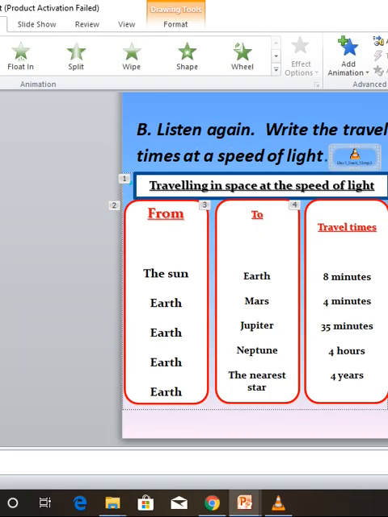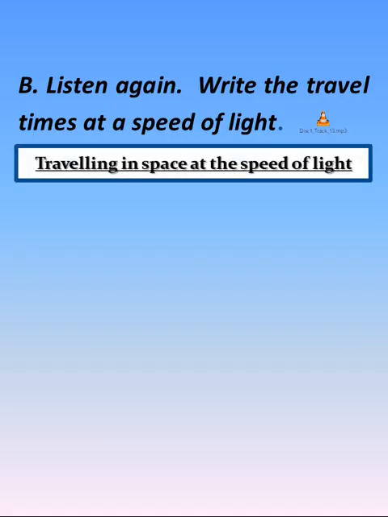Page 22. B. Listen again. Write the travel times at the speed of light. And now a report from our science editor, Sharni Kapoor. Just how fast is the speed of light? Well, the light from the sun takes only 8 minutes to reach the Earth.